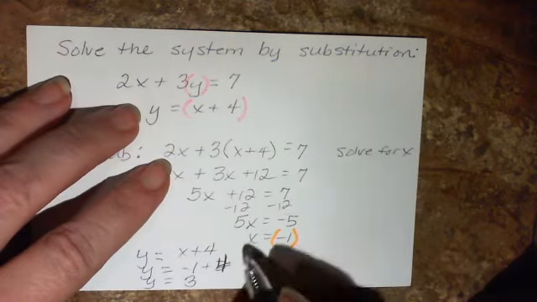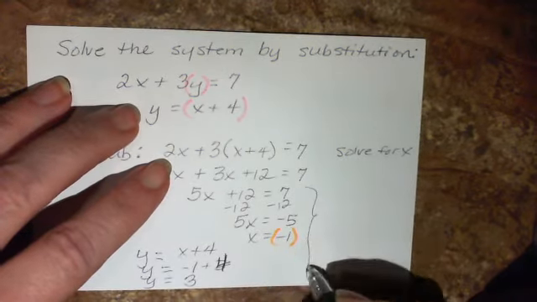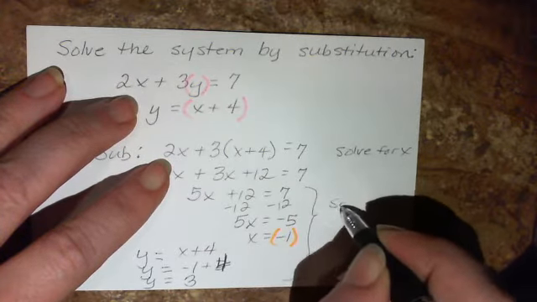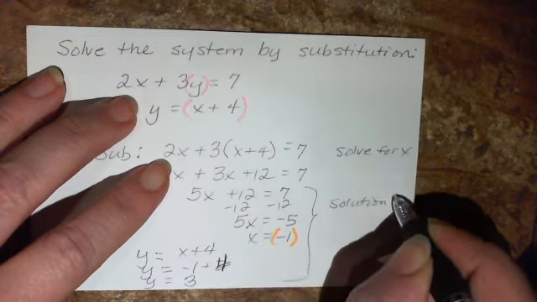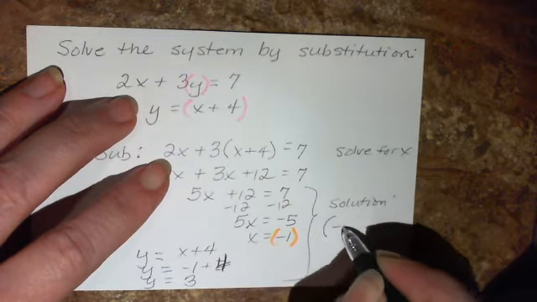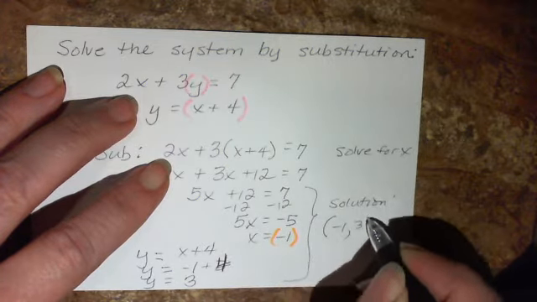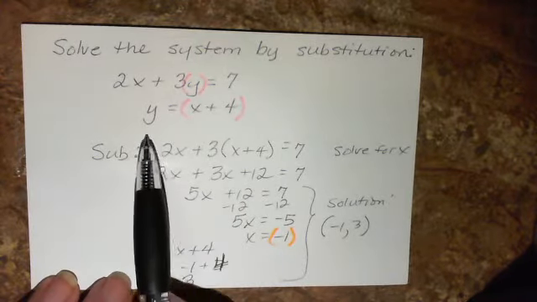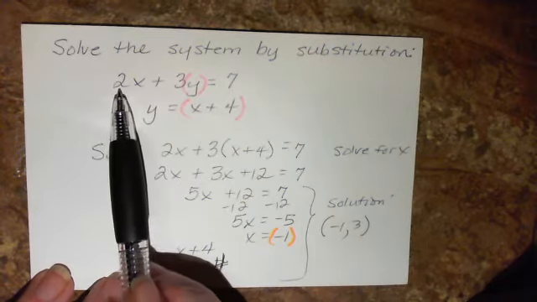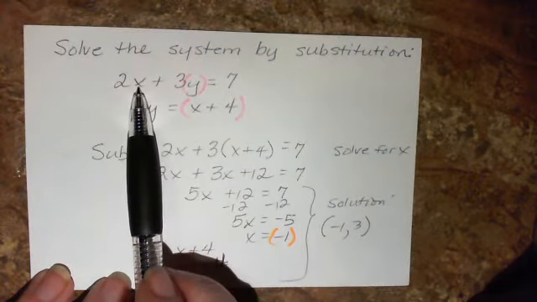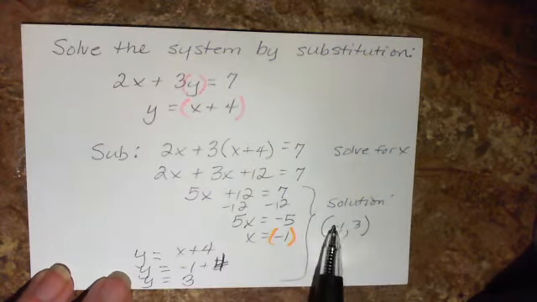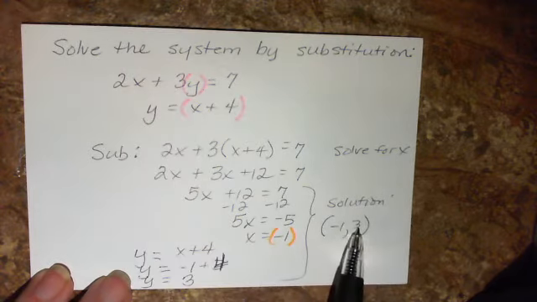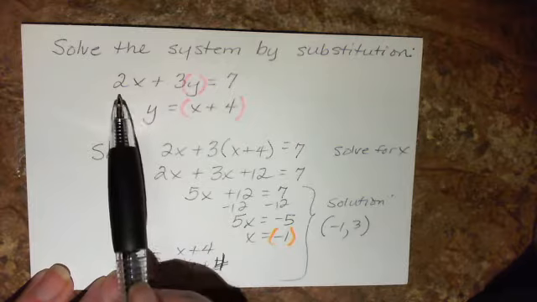Now, all of this work produces an x value and a y value. So the solution to the system is the ordered pair, x value negative 1, y value 3. We want to test those to see if they work. 2 times x, that's 2 times negative 1, that's negative 2, plus 3 times y, that's 3 times 3, that's 9.